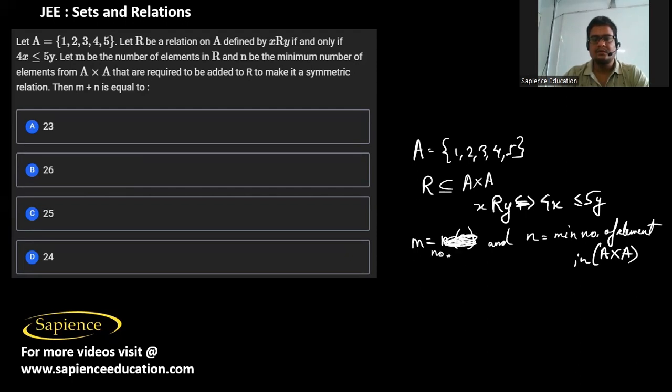So m is the number of elements in the set R, and n is the minimum number of elements in the set A cross A that are required to be added to R to make it a symmetric relation.